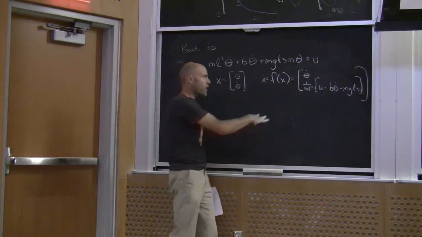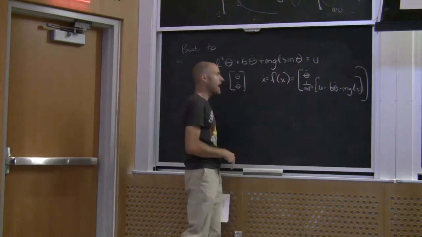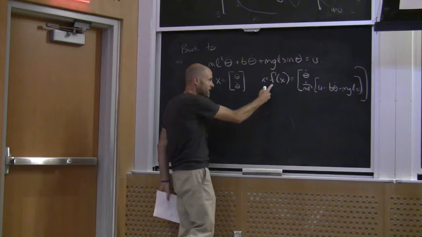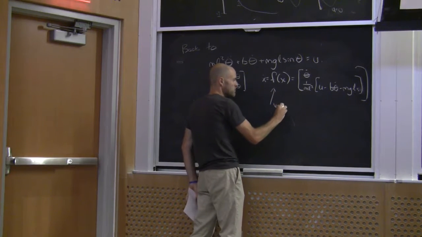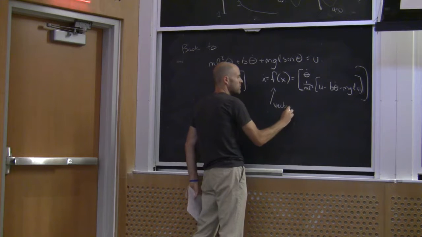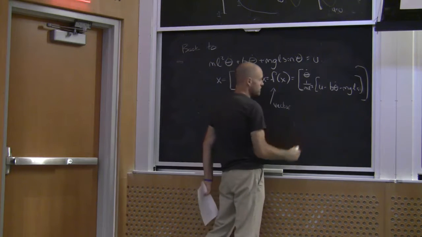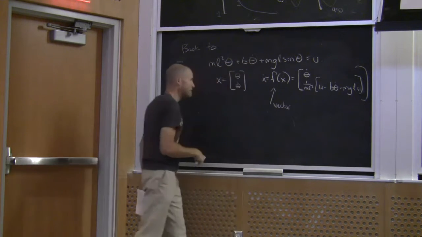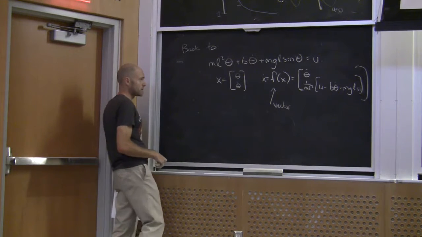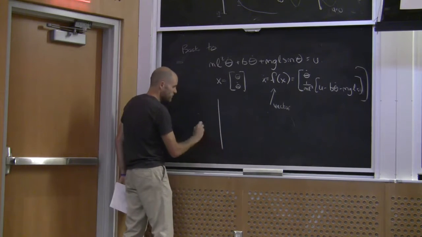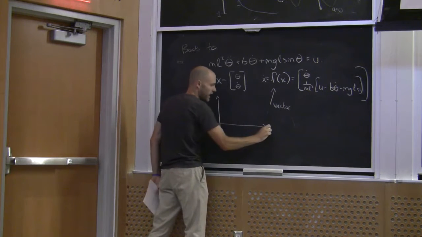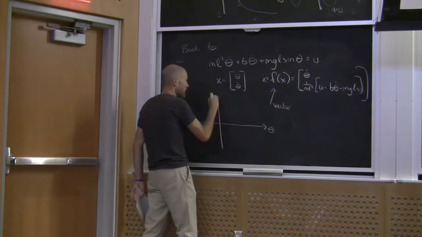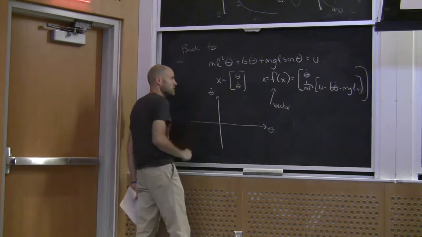Okay, but this is also how we're going to think about plotting it. Now we have really a vector valued differential equation, right? Over two variables, right? So the way I have to plot it now is I have theta and I have theta dot.